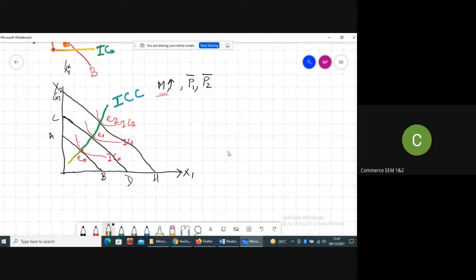So we can get ICC if we take different equilibrium points corresponding to different levels of money income of the consumer, given the prices of two commodities remaining unchanged. Then by joining these equilibrium points, the locus of these equilibrium points is called ICC. Fine.